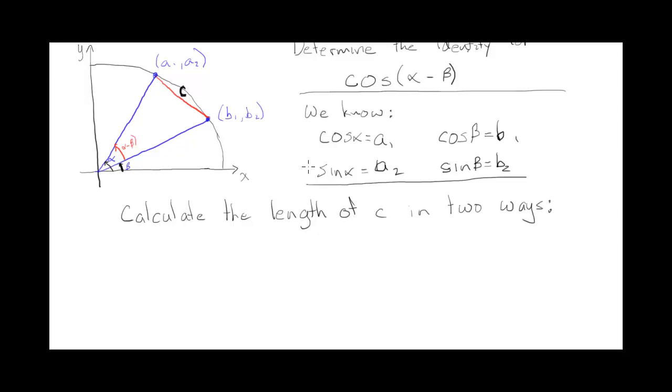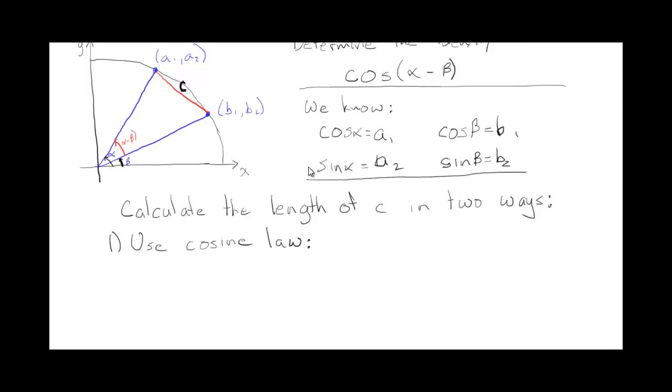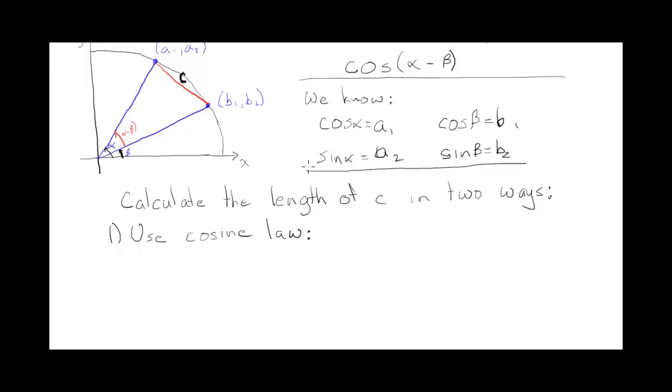The first way we're going to do it is using the cosine law. The reason we have to use cosine law is this triangle is a non-right angle triangle. So in order to calculate the length of a side in a non-right angle triangle, you need cosine law.